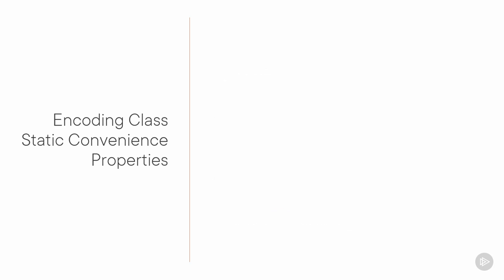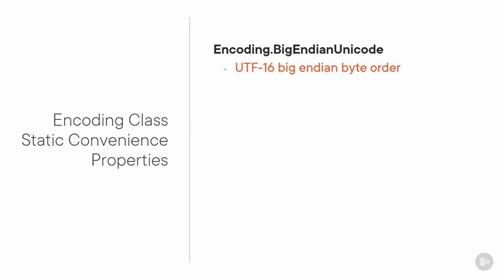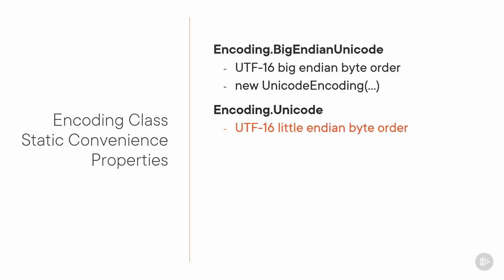Similarly, the UTF8 property of the Encoding class represents UTF-8 encoding, and this returns an instance of the UTF-8 encoding class. We also have the BigEndianUnicode property. This represents UTF-16 encoding in Big-Endian byte order, and behind the scenes, this returns a configured Unicode encoding instance. There's also the Unicode static property. This represents UTF-16 Little-Endian. Once again, this returns an instance of the Unicode encoding class, this time configured for Little-Endian byte order.